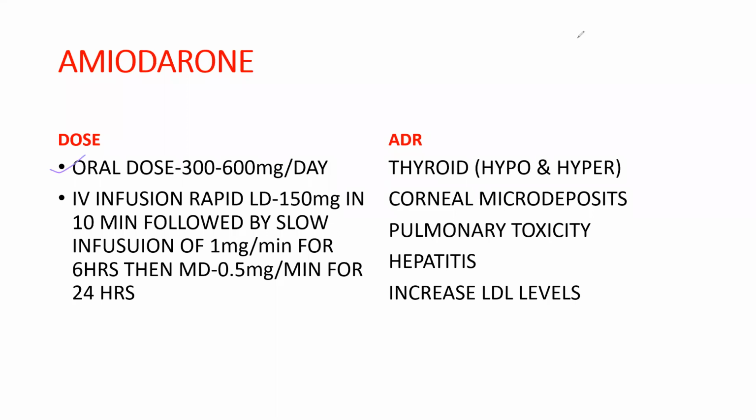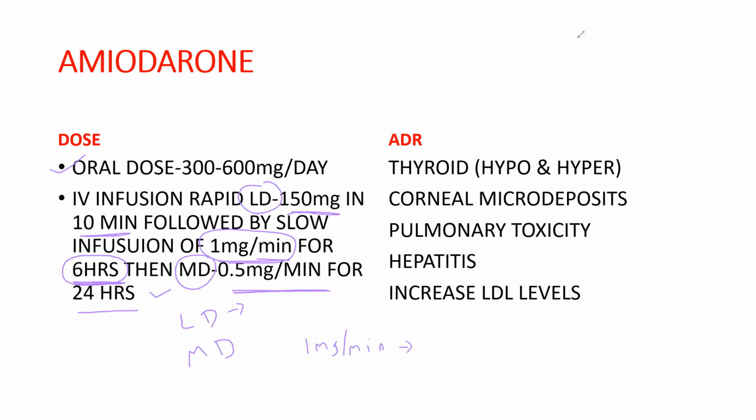Coming to IV infusion, it has both a loading dose, 150 milligrams in 10 minutes, followed by slow infusion of 1 milligram per minute for 6 hours. Then the maintenance dose is 0.5 milligram per minute for 24 hours. You have to remember this amiodarone IV infusion dose, both loading and maintenance.